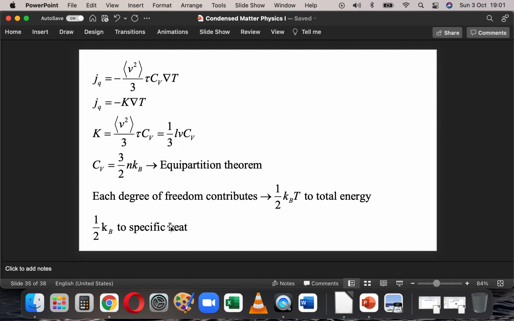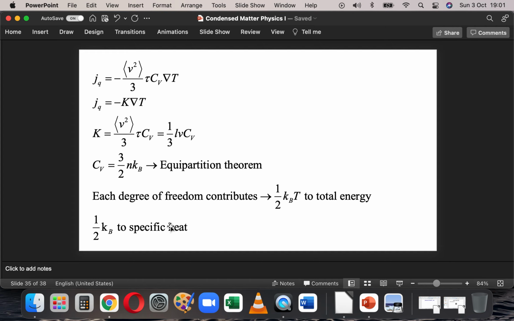Now at that time when Drude proposed this, there was no quantum statistics available. People did not know much about quantum mechanics, and so Drude used the classical expression for specific heat, and that is derived from what is known as the equipartition theorem.